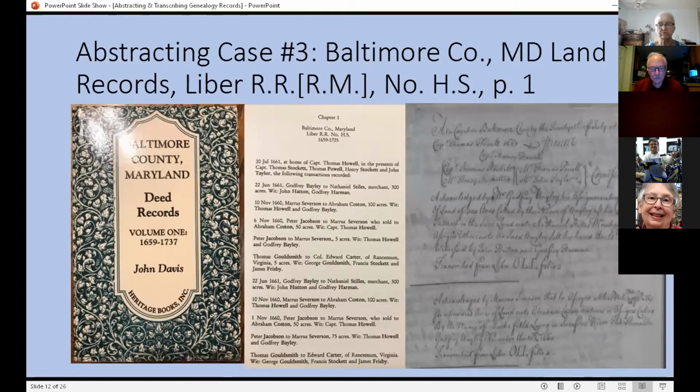The next abstracted item that I've included here is a land record. This land record was the first land records that were filed in Baltimore County in 1661. And as you can see, when they were abstracted by Mr. Davis a number of years ago, he chose to be very brief with what he included.